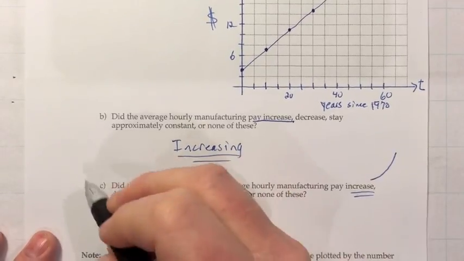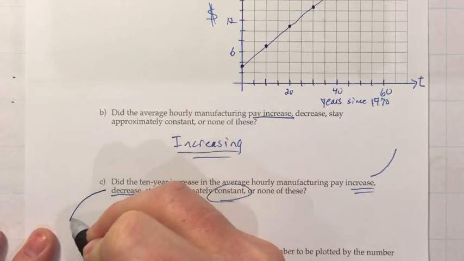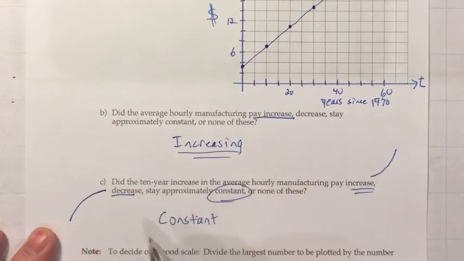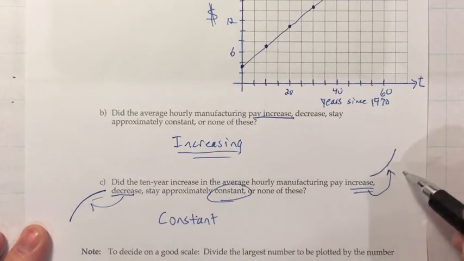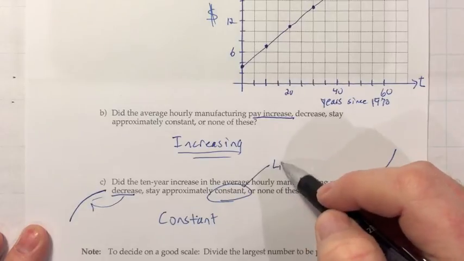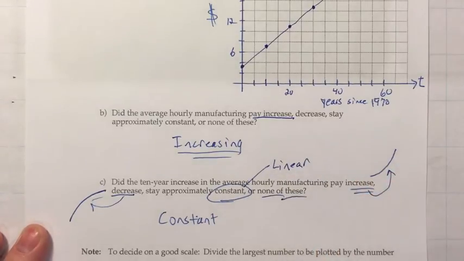If it was a decrease, then it'd still be going up, but the steepness would be leveling off. So that would be an example of what a decrease looks like. There's an example of an increase. The constant should look linear, and then this would just be kind of chaotic.